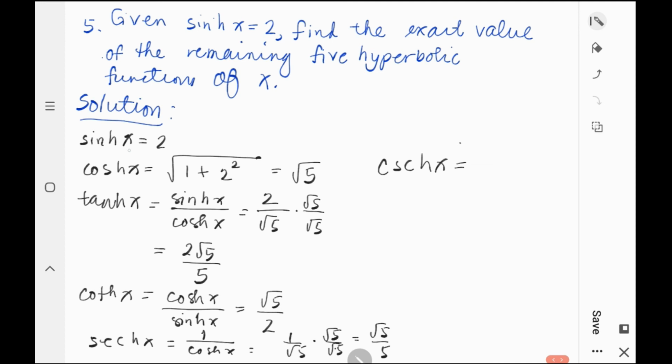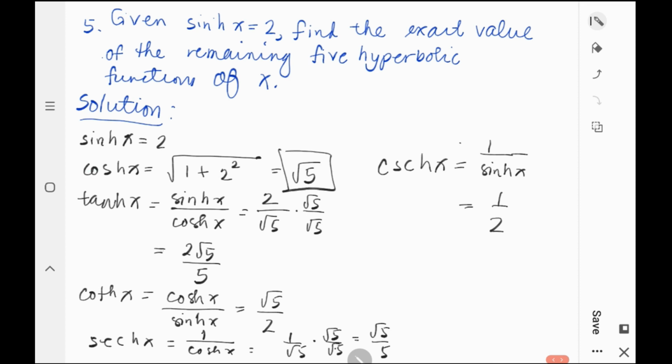We have the reciprocal of hyperbolic sine, 1 over hyperbolic sine of x. This is 1/2.